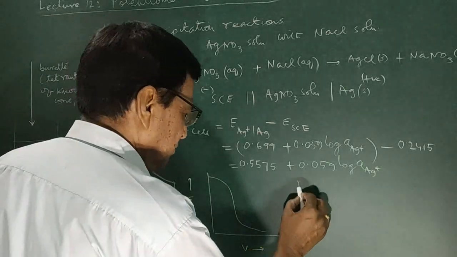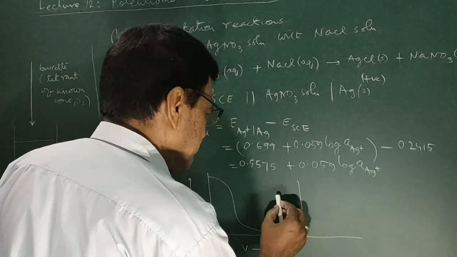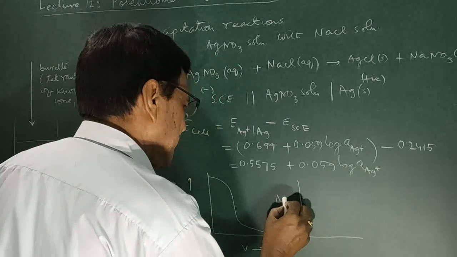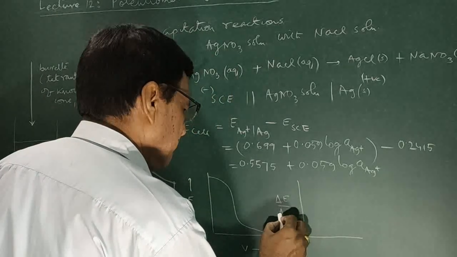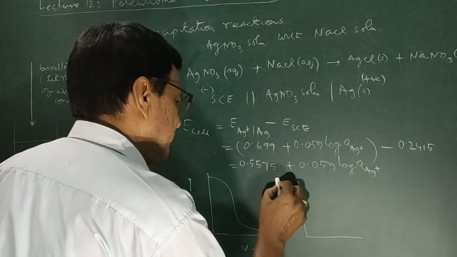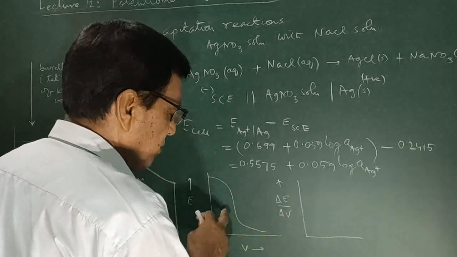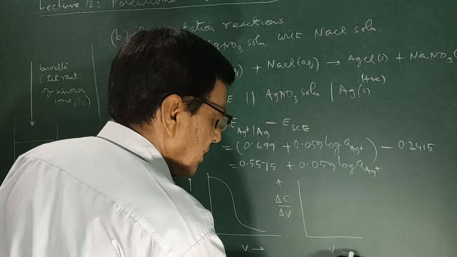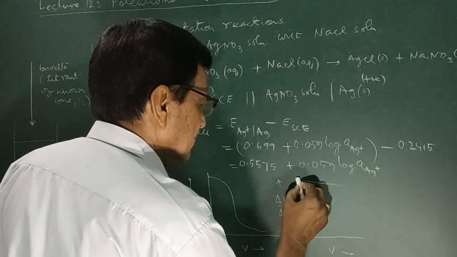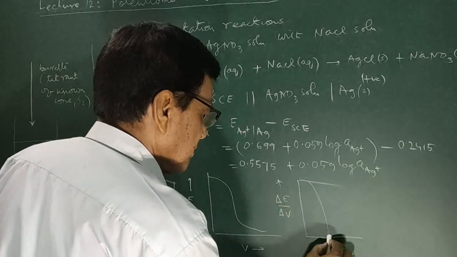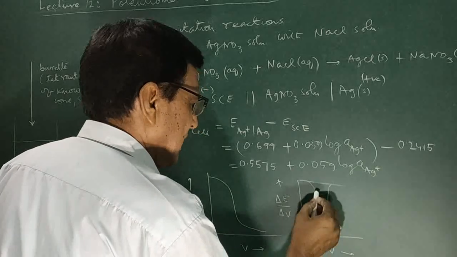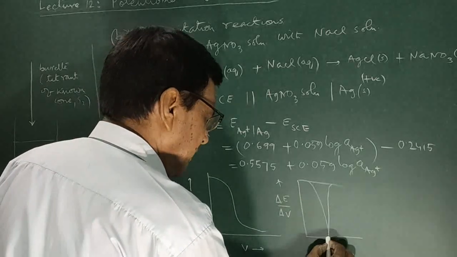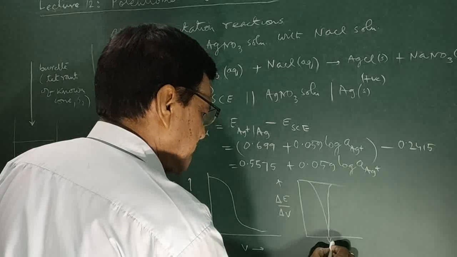If we draw the differential plot, del E by del V, which is the slope of this curve, against V, the curve will be like this, and this is the end point of this titration.